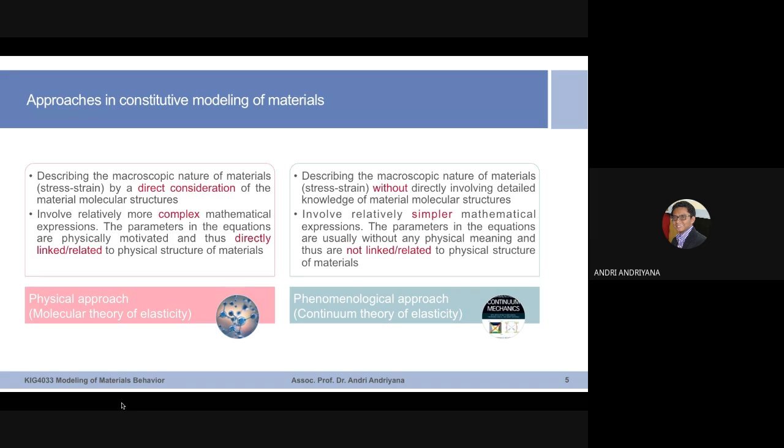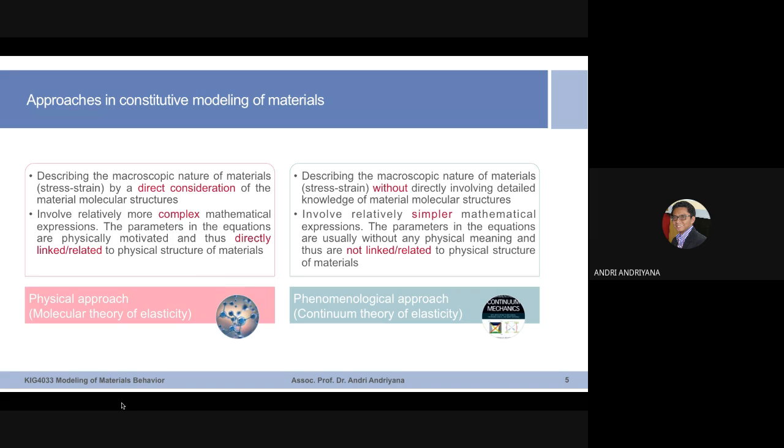As you can expect, the physical approach is usually quite accurate in the sense that it gives you something really physical. But the limitation is that because the mathematical equation is very complex, it is challenging if you want to deal with real cases in engineering design, with complex structures and complex loading conditions.